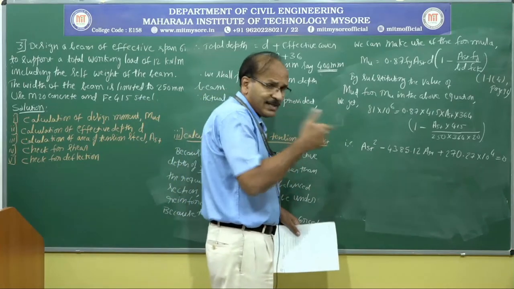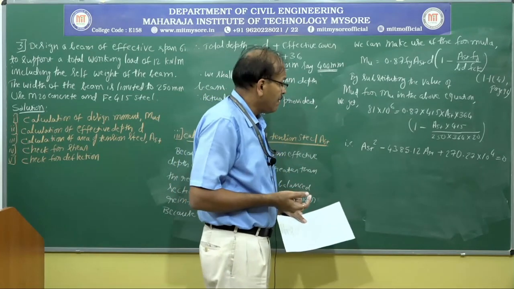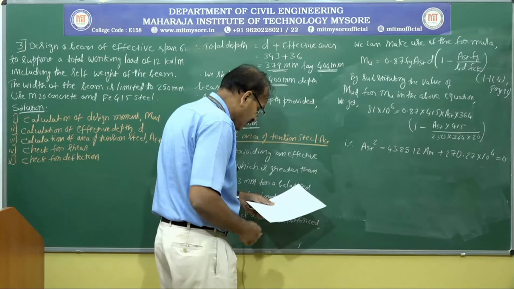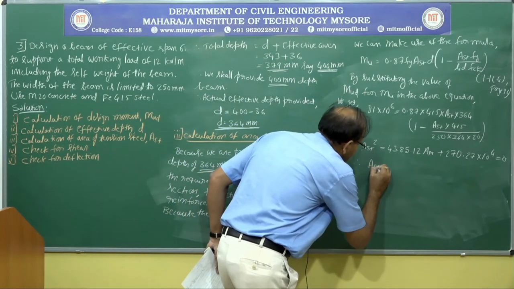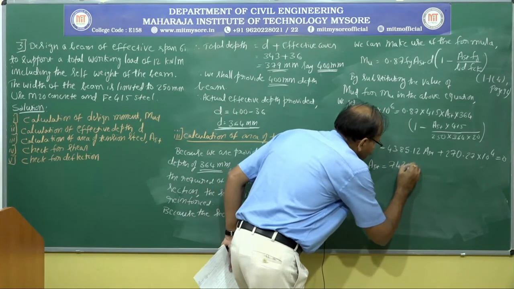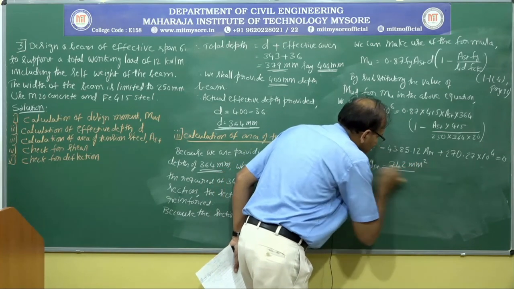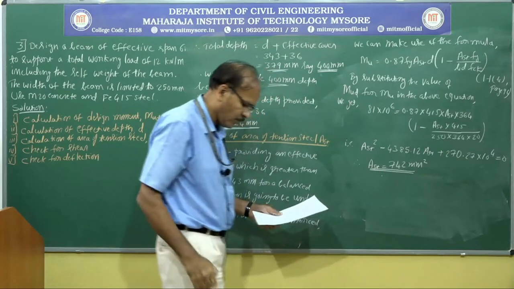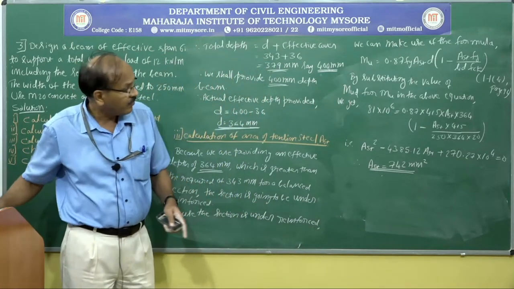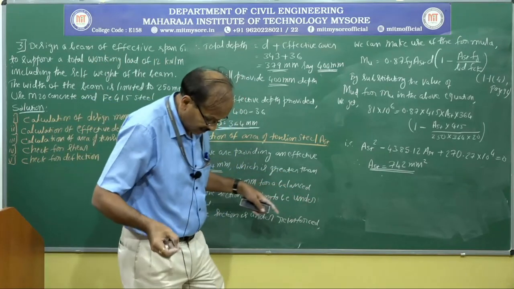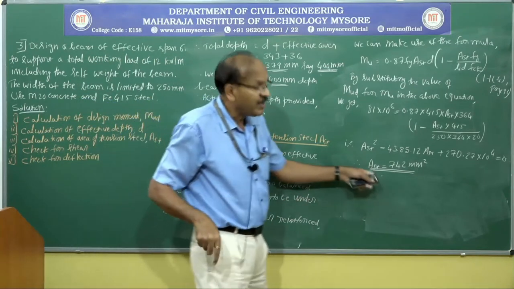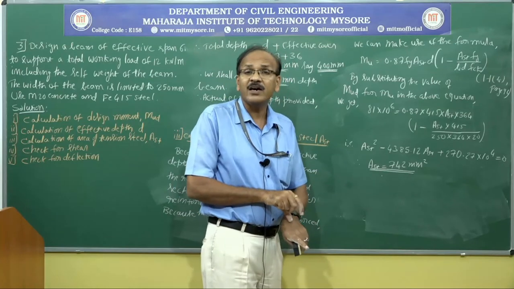So by using that expression, we are going to get the value of Ast equal to 742 millimeter square. Okay, 742 millimeter square. So in this case, that is the minimum tension steel area required.